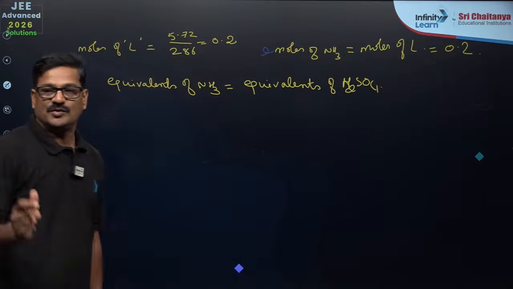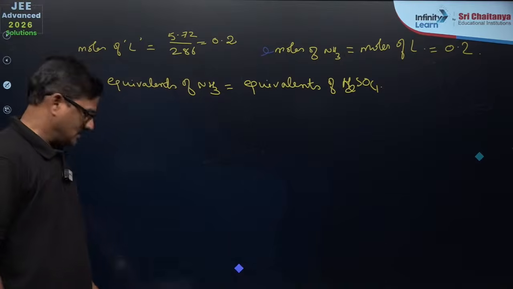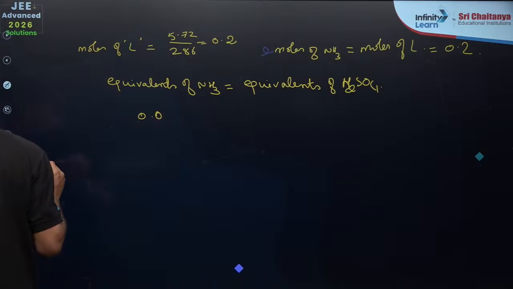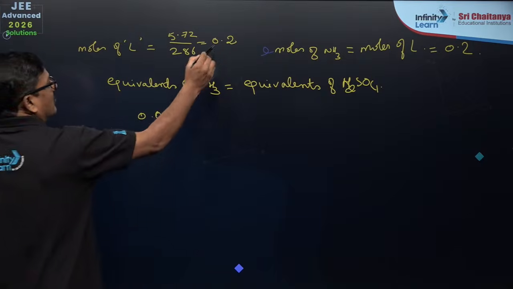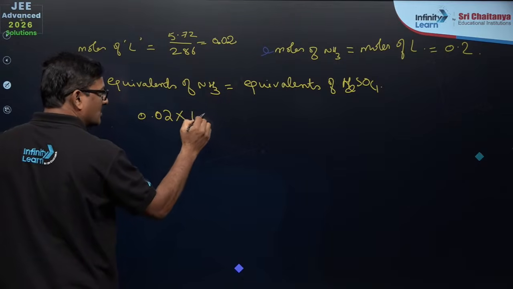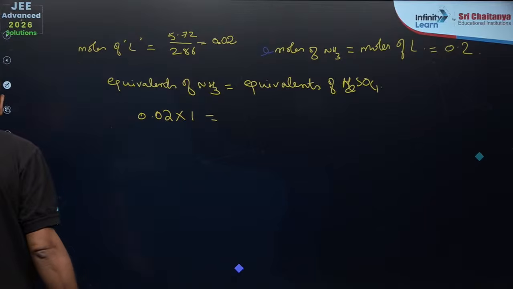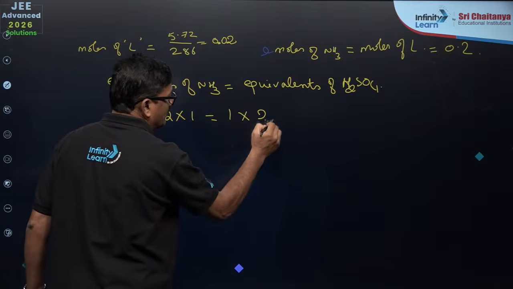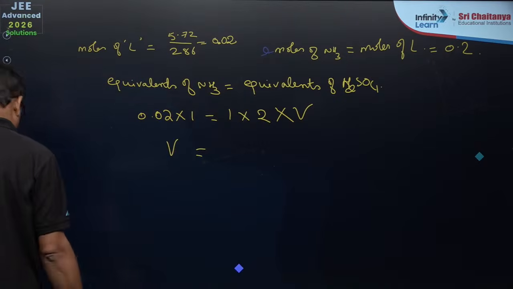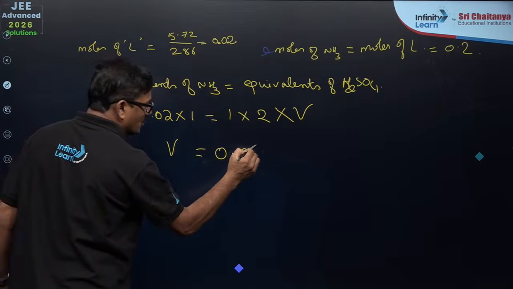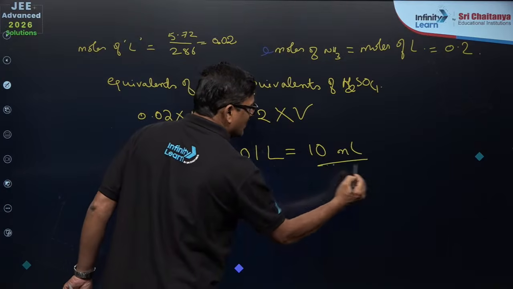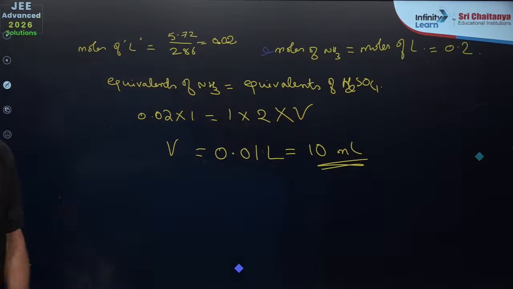That is the logic we use in the Kjeldahl method. So it is going to be 0.02 into its n factor 1, equal to 1 into 2 into volume. If you solve, volume is going to be 0.01 liter, that is 10 milliliter, the answer for the first half of the question.